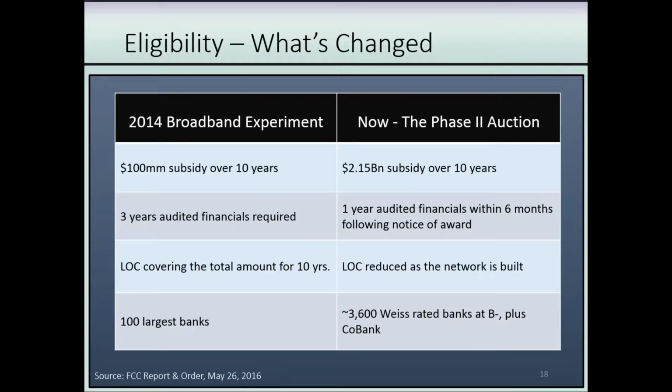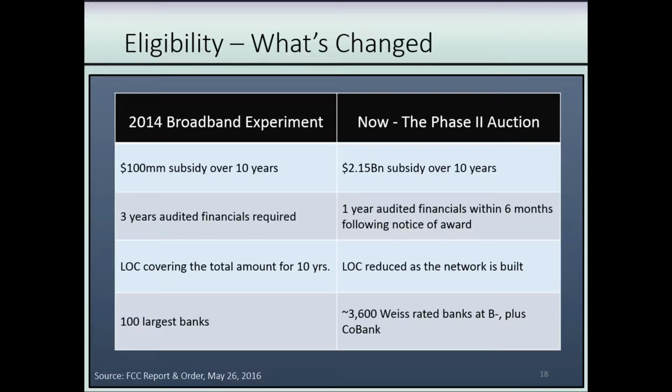In the experiment, we were talking about a funding mechanism of $100 million. Now it's $2.15 billion. In the experiment, 3 years of audited financials were required. In the auction, it's 1 year of audited financials. There's a caveat to that, but without going into a lot of specific detail, it's 1 year of audited financials, and the financials can be provided after you are given notice that you are a provisional winner.